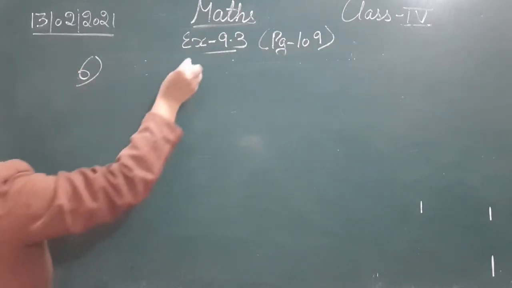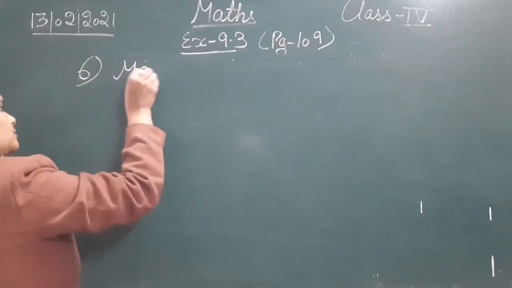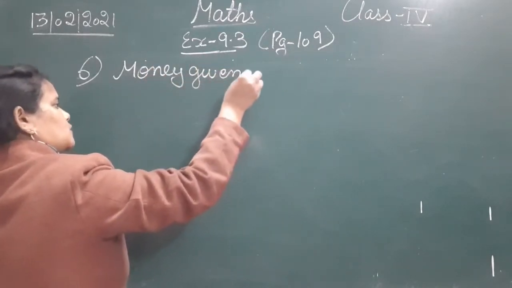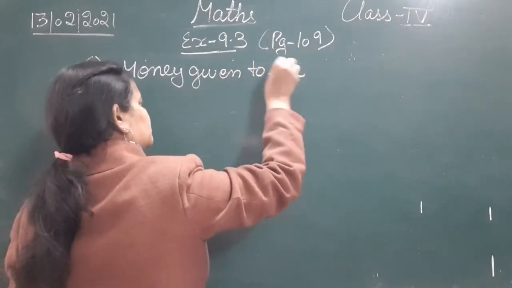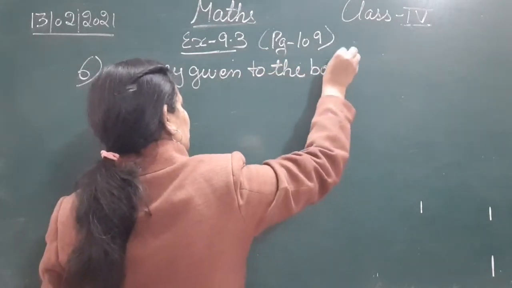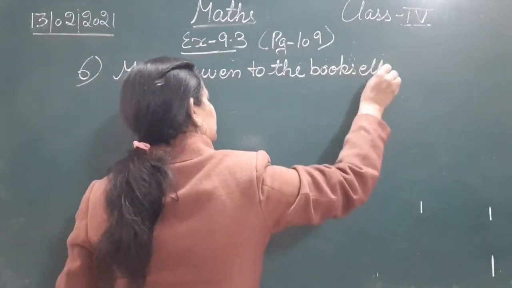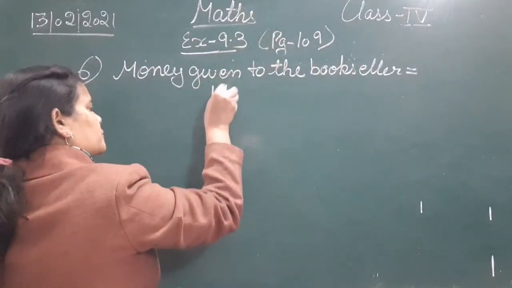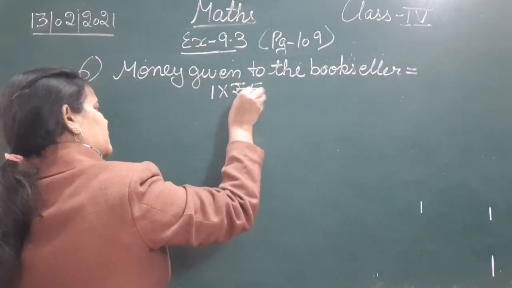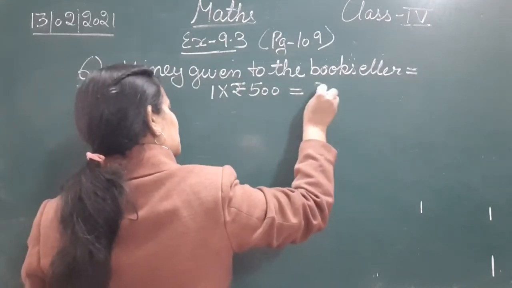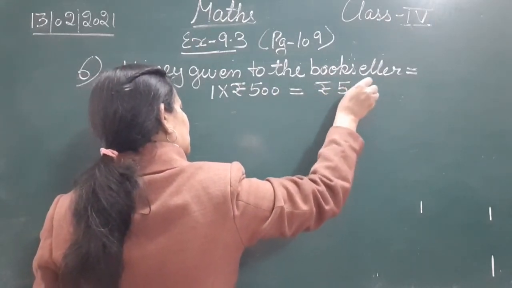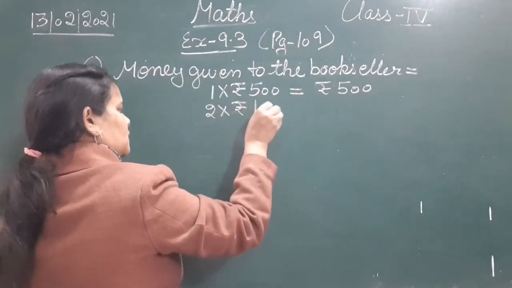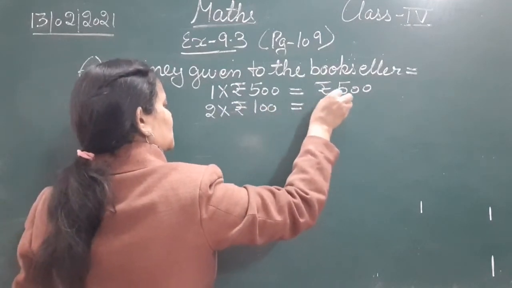Money given to the bookseller. One note of rupees 500, that is rupees 500, two notes of rupees 100, that is rupees 200.